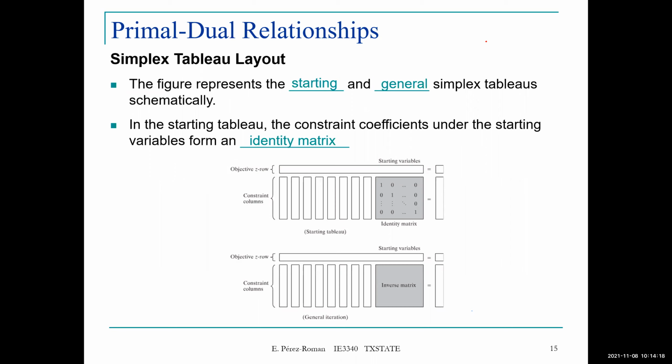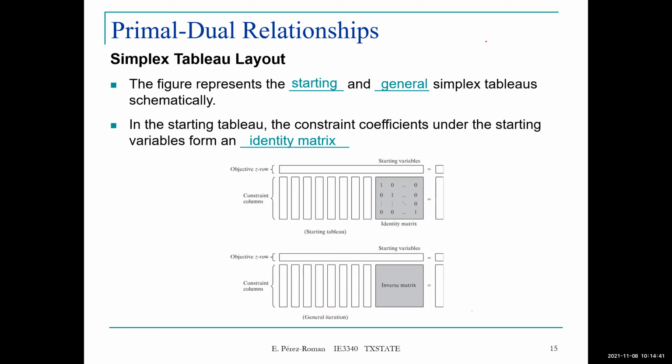So that's what I want you to keep an eye on. Remember, if we have less than or equal constraints, we had the slack variables here, and those slacks were generating this identity matrix. So that identity matrix is going to now contain some additional information as we move forward into solving this problem.